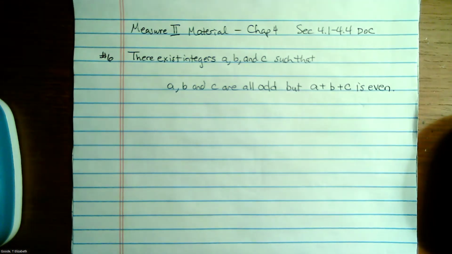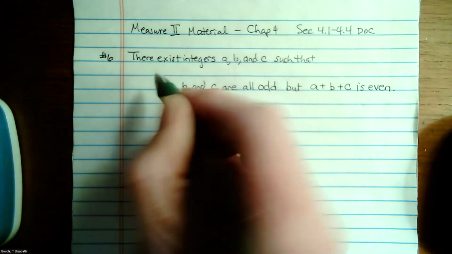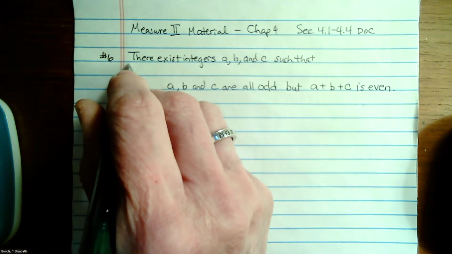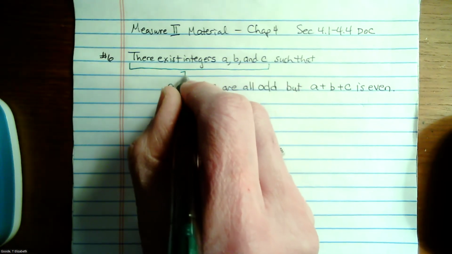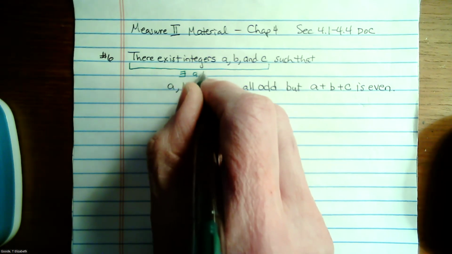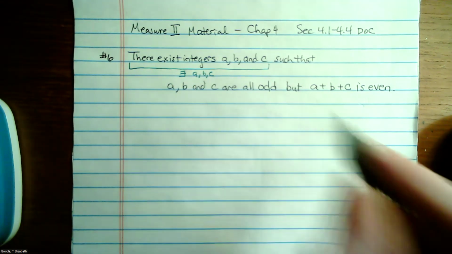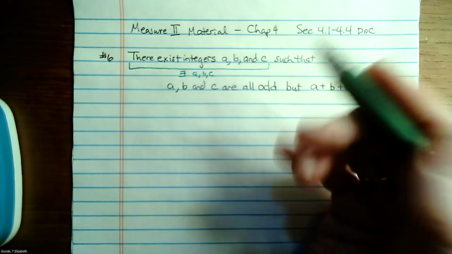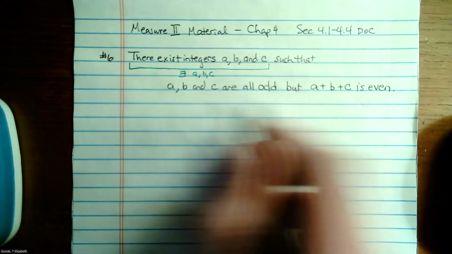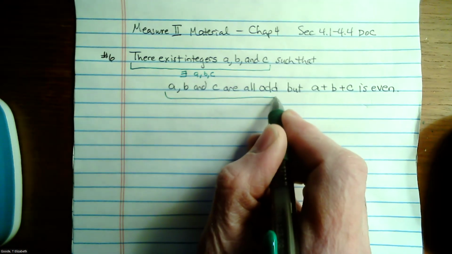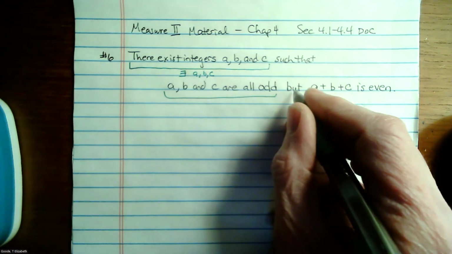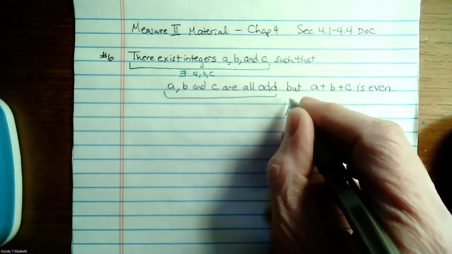All right. So let's just parse this out before we even dig in. We have our existence part. This is our quantifier. And then such that, with the property that, here's our predicate, but it's a compound predicate. That A, B, and C are all odd, but means and.